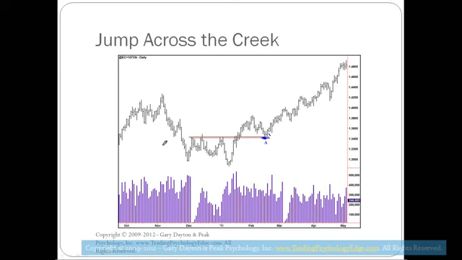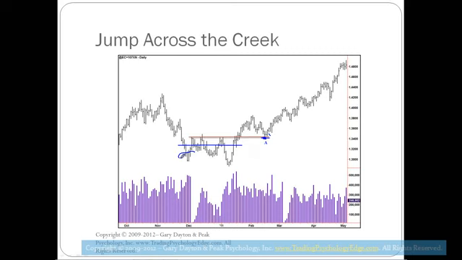Jump across the creek. This is a classic Wyckoff trade setup, and the reason why it's a classic Wyckoff trade setup is because a consolidation, a lengthy sideways line of trading, sets up an opportunity for larger and smarter traders to accumulate a position, accumulate a line of stocks.